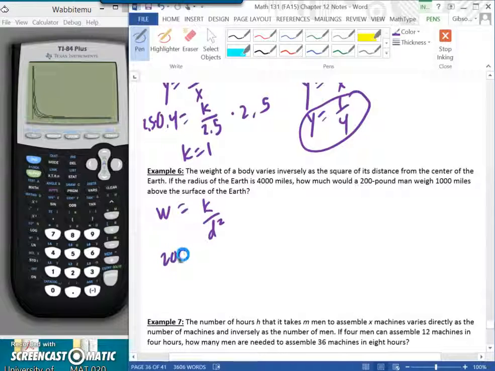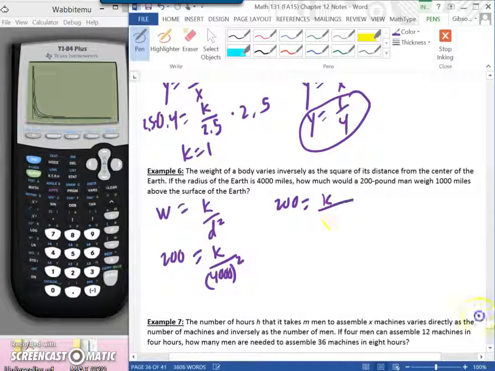So we will have 200, which would be W, is equal to K over 4,000 squared. Now, this would be 200 is equal to K over, it looks like 16 million.